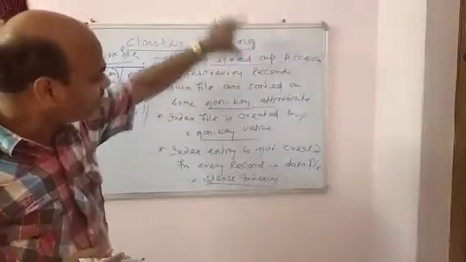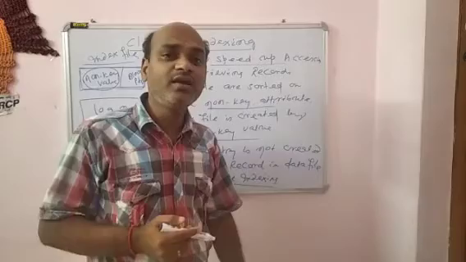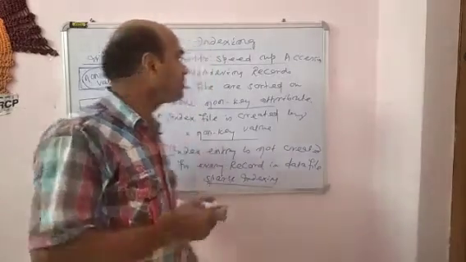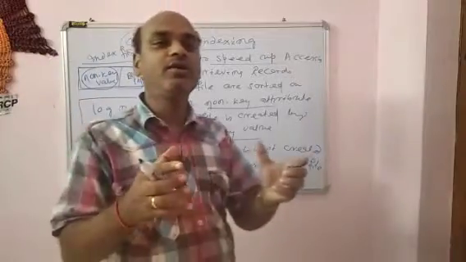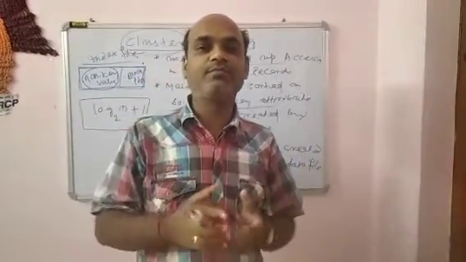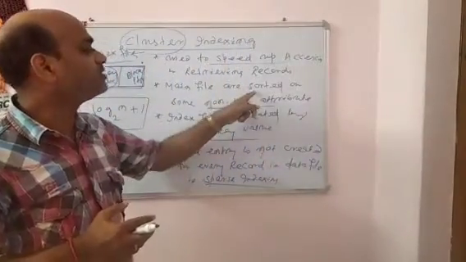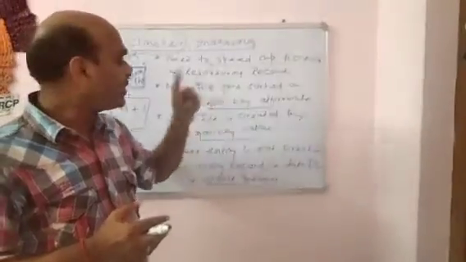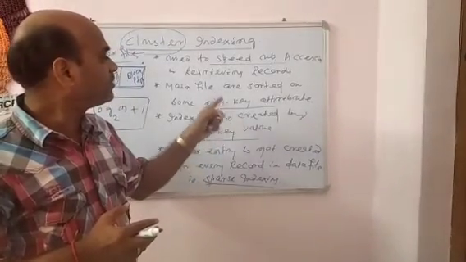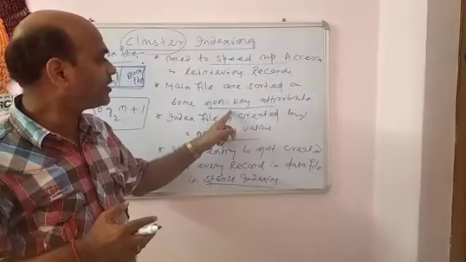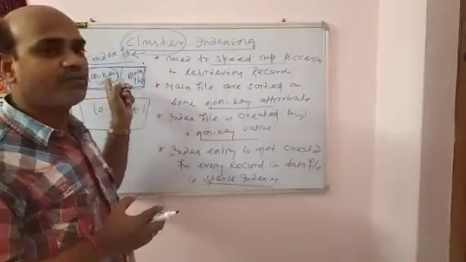So for each and every record of the data file, an index entry is not required because we are using clustering, gathering similar records having a common non-key attribute. If 5 records have a common attribute, that value will be used only once in the index file.